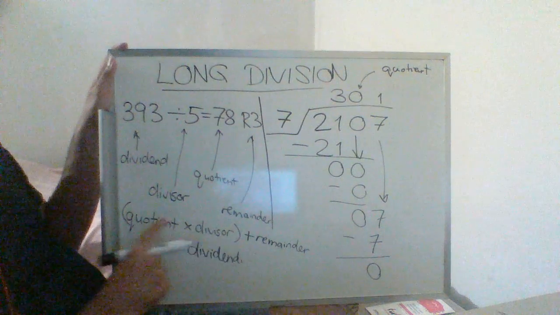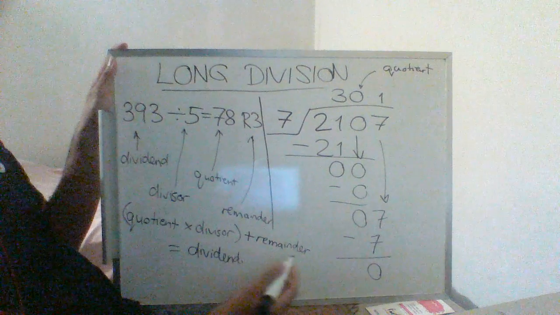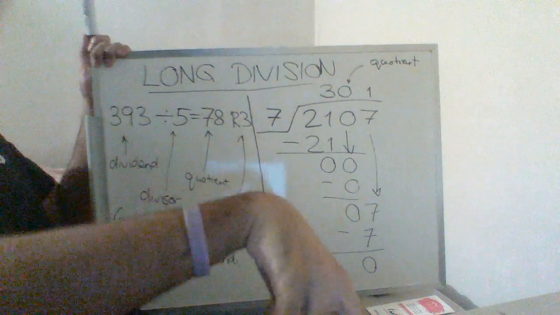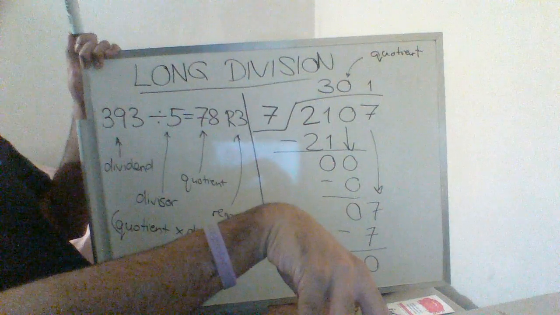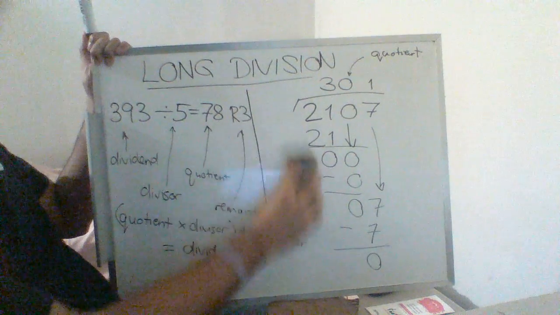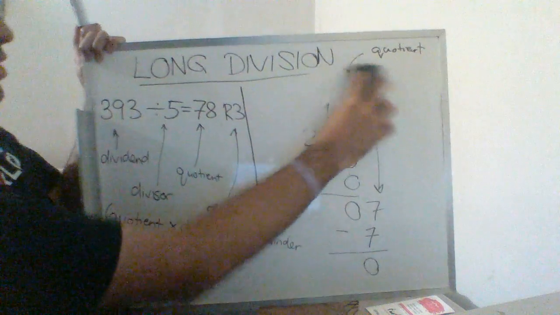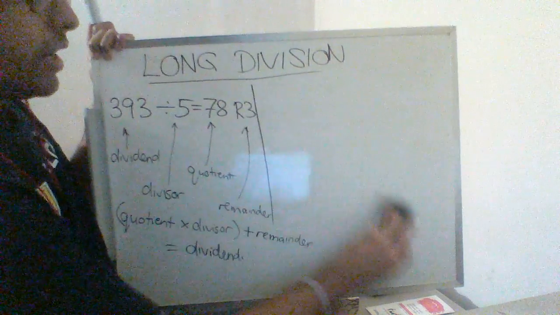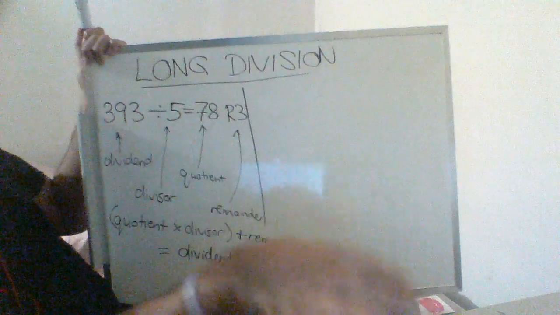So your divisor multiplied by your quotient plus the remainder should give you the dividend. So let's just try that with this problem that we had. Let's do 78 times 5 and add on the 3 and see if it gives us that final answer, and then we'll end this video there and we'll do more practice in the next one.